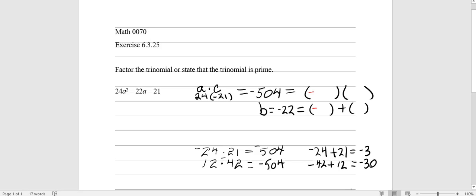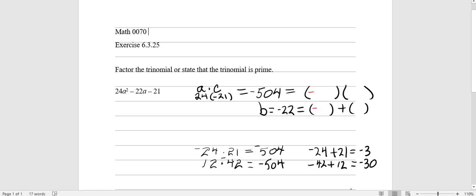So I'm getting closer. I'm actually a little bigger than I need this to be, but I am getting closer to the answer. Getting a sum of negative 3 is real far from negative 22. Getting a sum of negative 30 is much, much closer to what I'm actually trying to obtain.